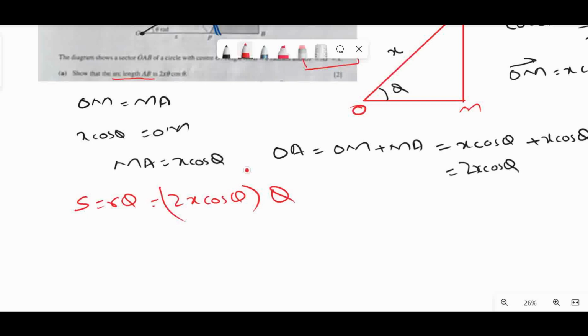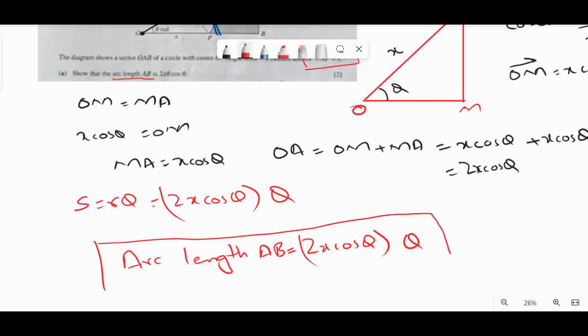So finally the arc length AB will be equal to 2x cos theta into theta. That's what we have to prove. This will be the final answer.